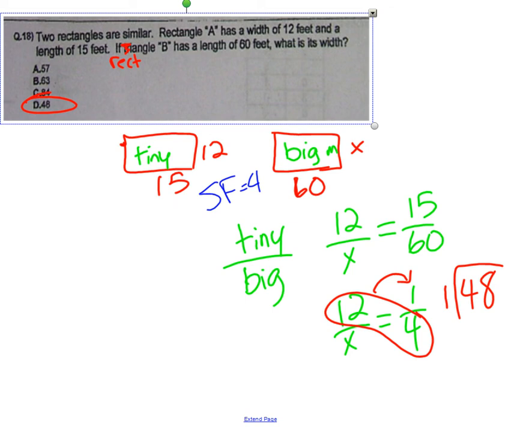Okay, good. What's the problem with that method? It always works, but it's not always a nice, easy number. So, yeah, proportions always work. Or you could also use your calculator. You could have divided 60 by whatever number this was and gotten a scale factor and then multiplied it by 12.